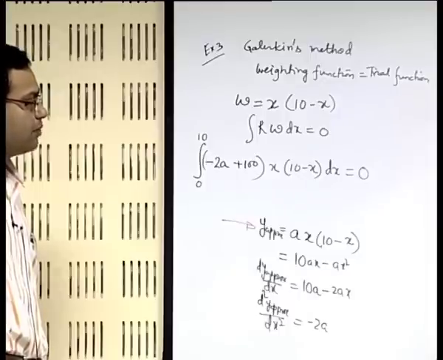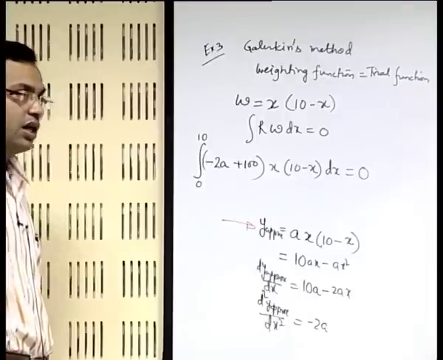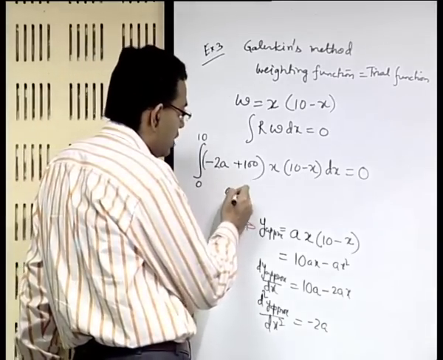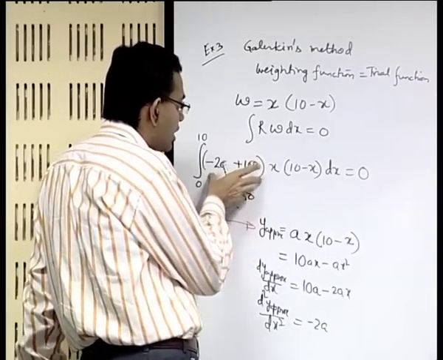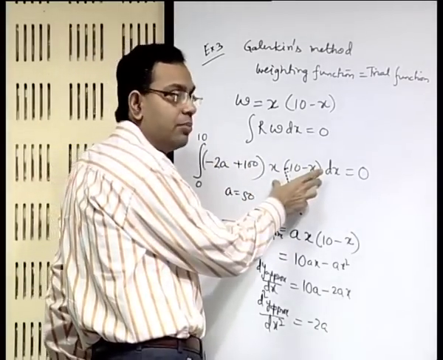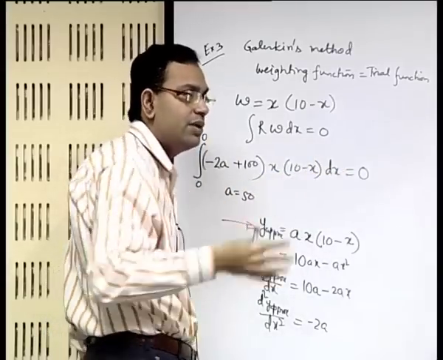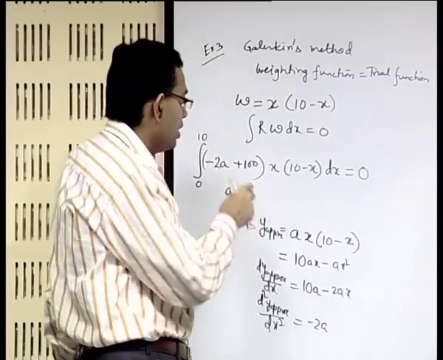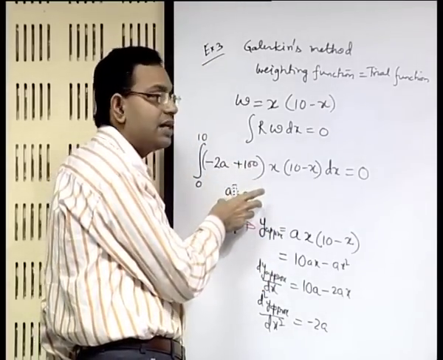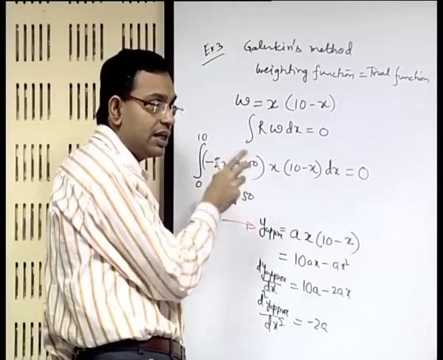So what should be the value of a? A will be 50, because if you take this out of the integral, the remaining part is just a number. Integral of x into 10 minus x dx from 0 to 10 will be just a number. So effectively minus 2a plus 100 will be equal to 0, that is a equal to 50.